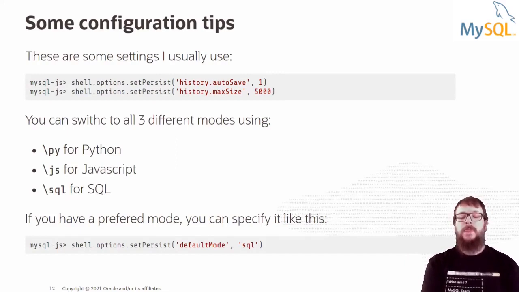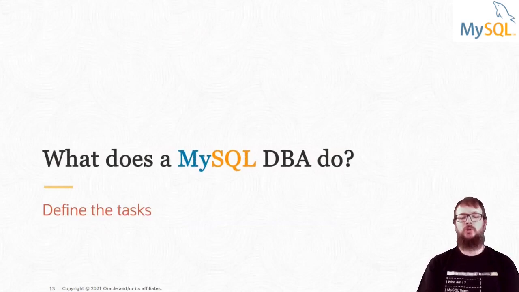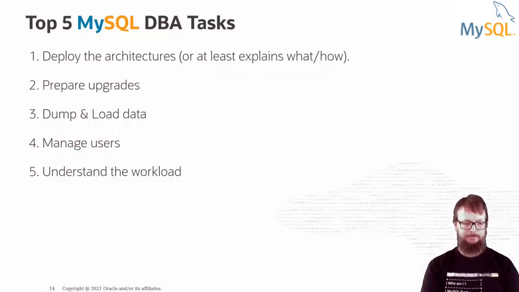So now, like the presentation, it's about the DBA tasks and the shell, how the shell can help MySQL DBAs. So first thing to do, what does a MySQL DBA do? We need to define some tasks. And I've chosen 5 tasks that are, I would say, the most common for DBAs.